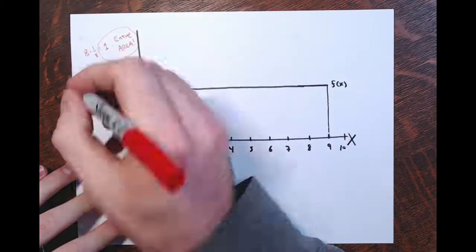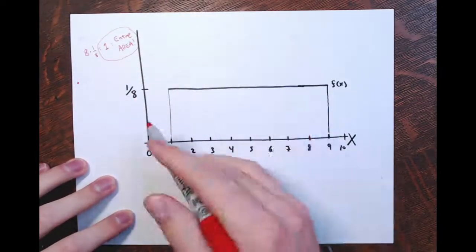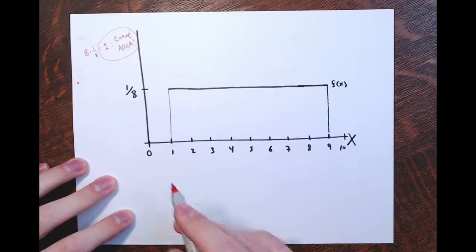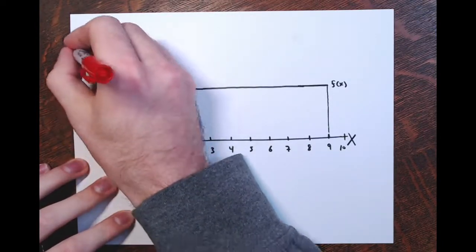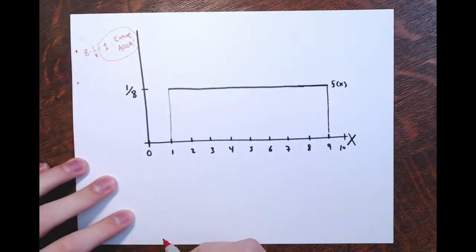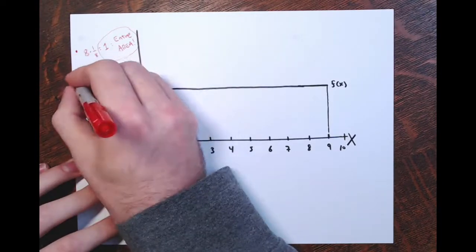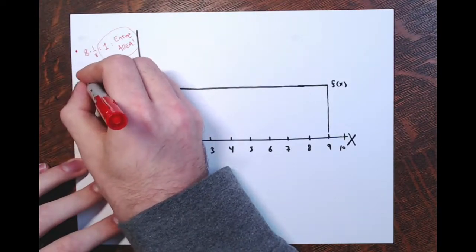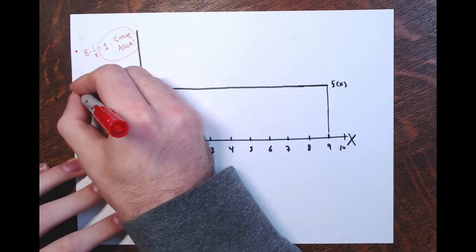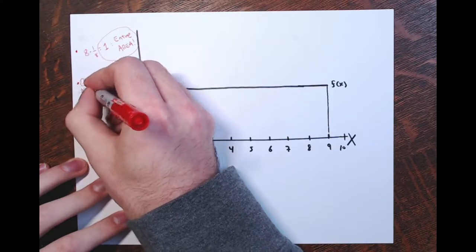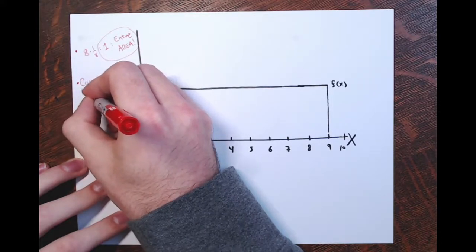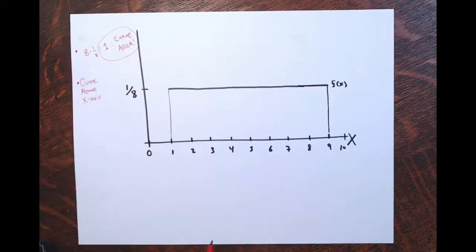And another thing they didn't mention is that the curve should be always above the x-axis. So the entire area under the curve is equal to 1, and the entire curve is above the x-axis, right? Because remember, this is just like for discrete.